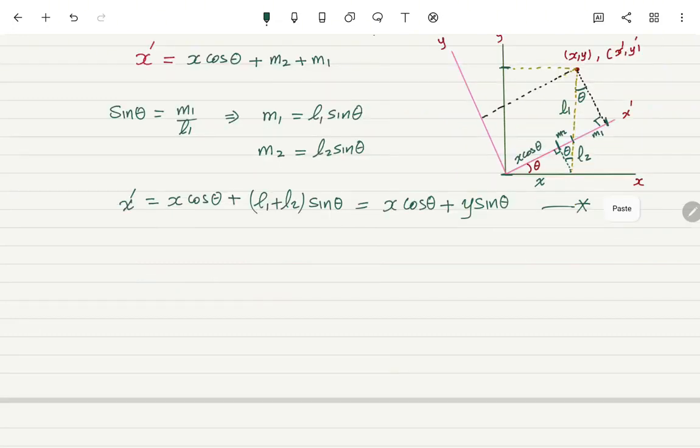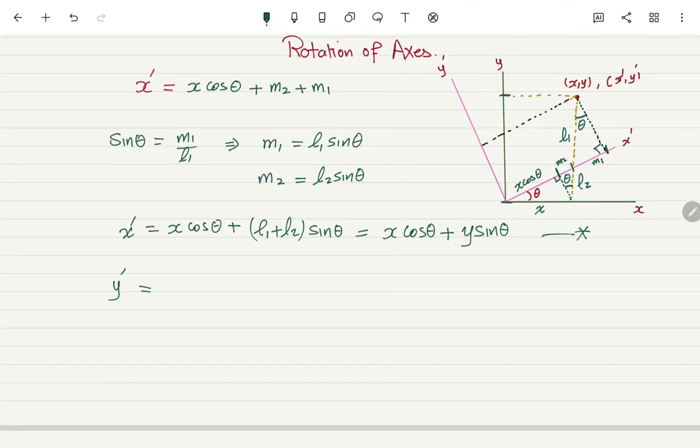Now let's find the relation between y prime and the original coordinates x and y. So y prime, this one here, equal to, so this is y prime, this one right here, and it's the same as this black dashed line, this one here, and this is a right angle triangle, this one here, like this one.